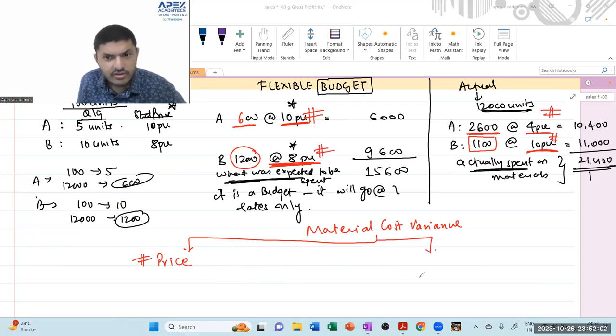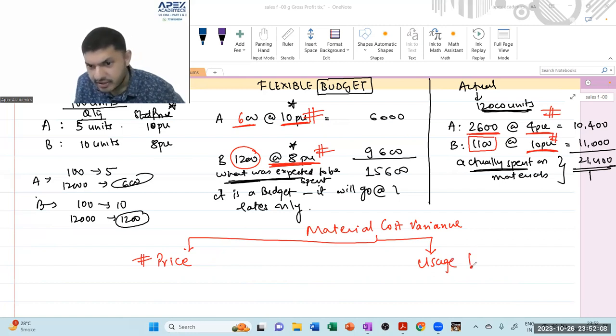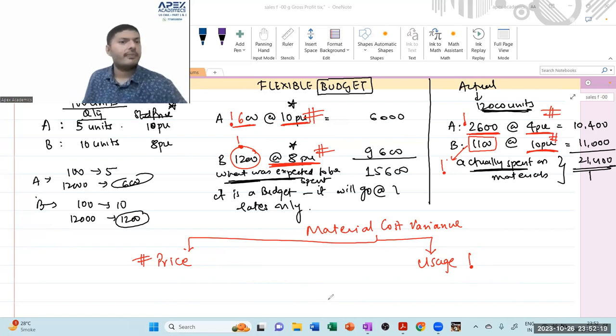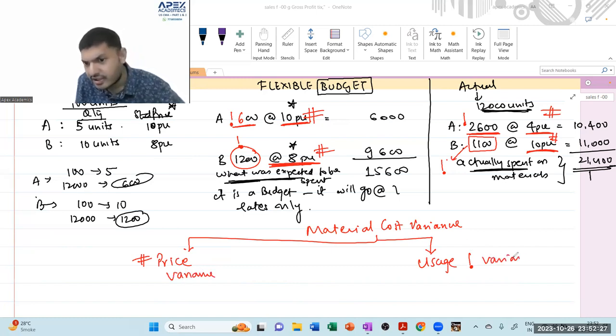The second was the consumption, also known as usage, which I compared in the form of exclamation mark. So material cost variance is a combination of material price variance and material usage variance.